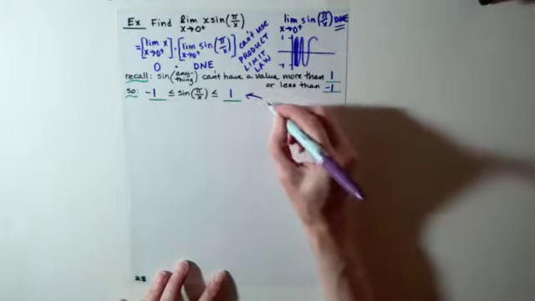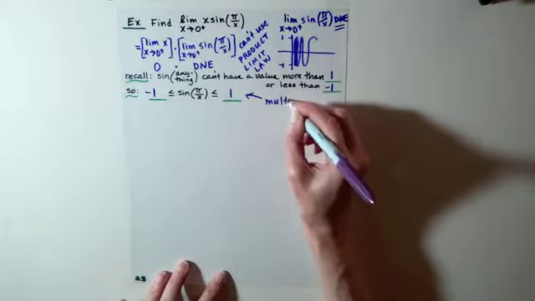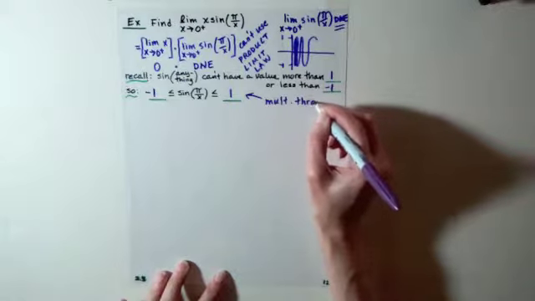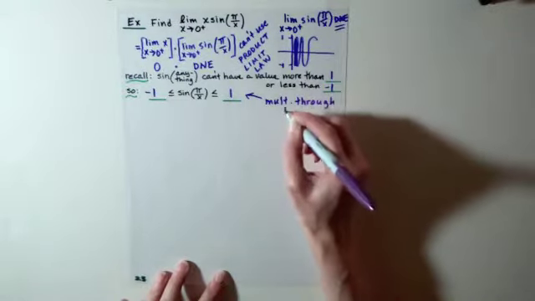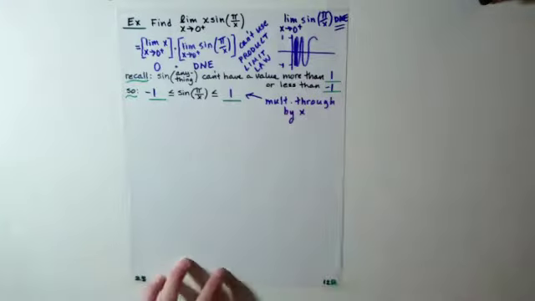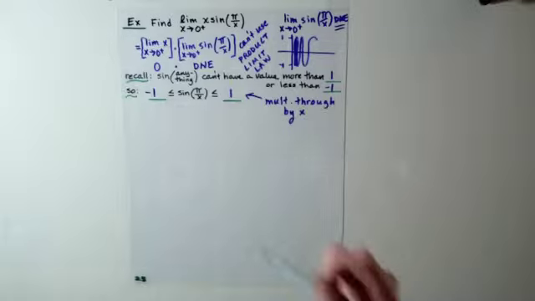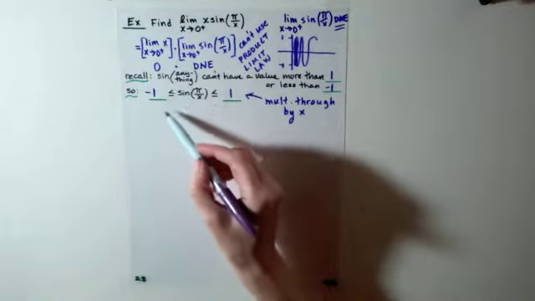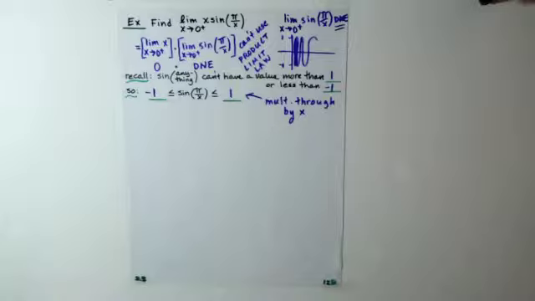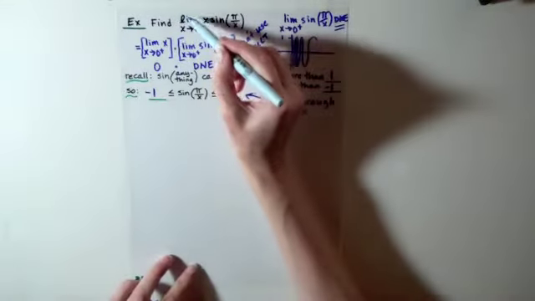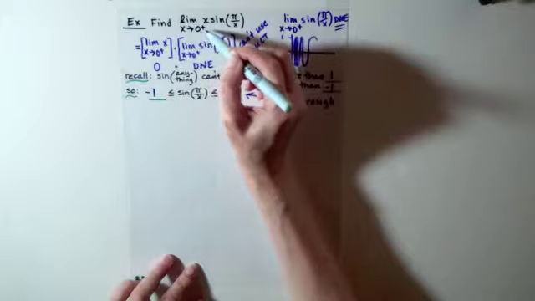So I'm going to multiply through by x. Now, generally when we multiply an inequality through by something, we want to be sure that we're multiplying through by something that is positive. If x were something that was negative, we would actually be in trouble, because remember you have to switch the direction of the inequality signs. Well, we are going to be finding a limit as x approaches 0 from the right.